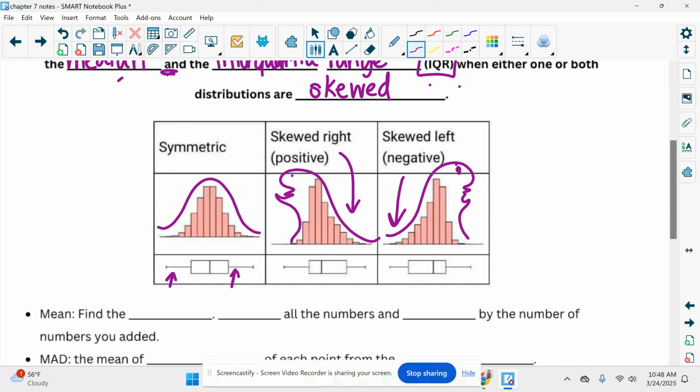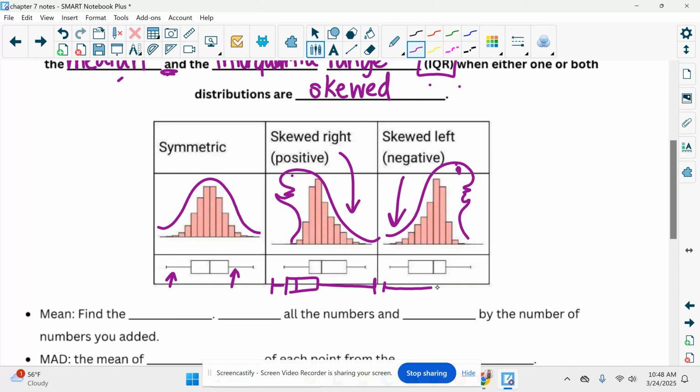These box and whisker plots don't show the best skewedness, so if we wanted to draw another picture up underneath it, what it would look like is one arm would be way shorter than the other. You see how this has a really long right arm? To me this picture doesn't show it the best, it's kind of hard to see. But this would be considered skewed right. I might redraw that so that you know.